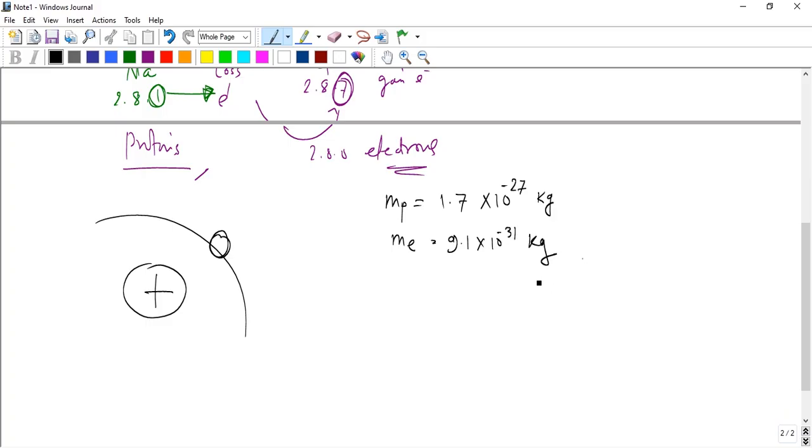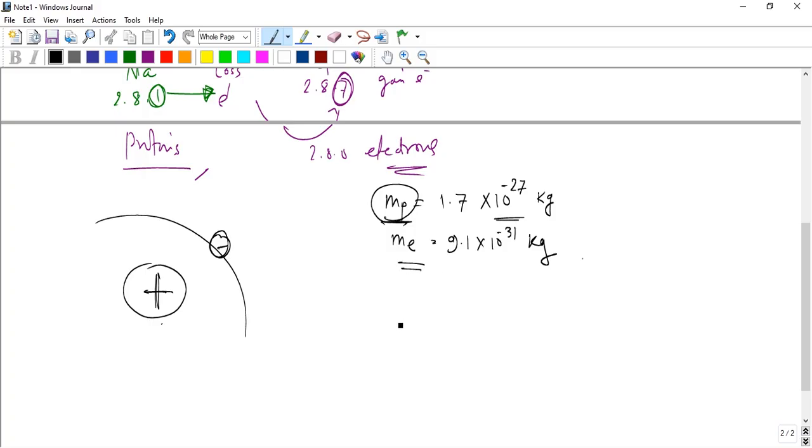The nucleus consists of positively charged protons and neutrons, which are neutral, so we ignore them. The nucleus has positive charge and the electron has negative charge, and the size of an electron is very small.